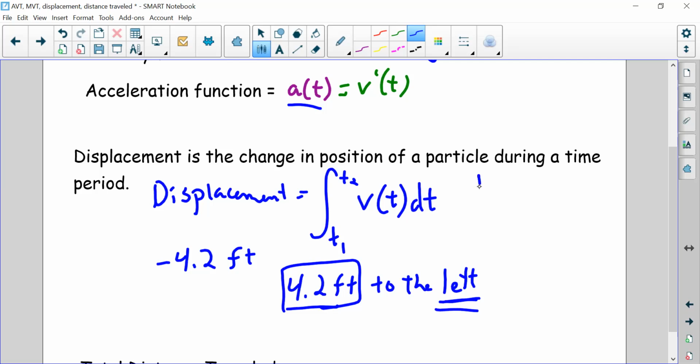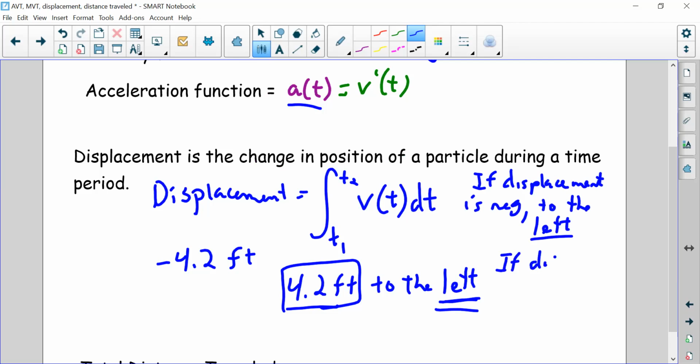So if displacement is negative, you end up to the left of your original position. If displacement is positive, what does that mean? To the right. You got it. So if displacement is positive, I am to the right of my original position. That's something to know.